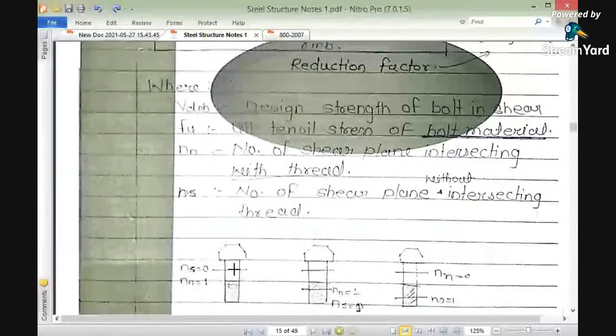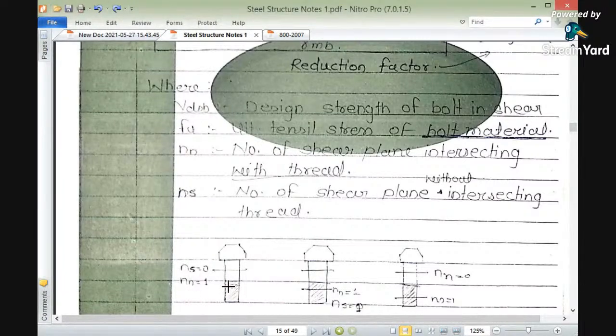Here, on this plane there are no threads, so n_s is 0, whereas n_n is 1, because there is a threaded portion. Again, if it is along this line, then there are both n_n and n_s. If it is above the line, n_n is 0, but n_s, the number of shear planes not intersecting threads, is 1.